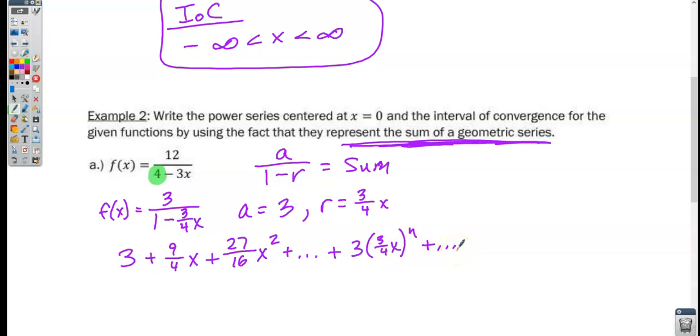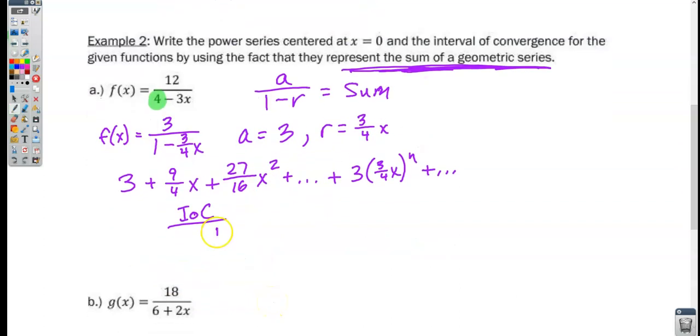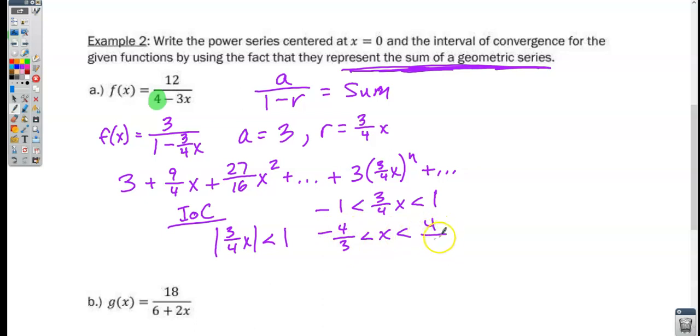Now, as far as interval of convergence, in order to get this to converge, we need r, the absolute value of r, to be less than 1. And so solving this inequality, we multiply all 3 parts by 4/3. There's our interval of convergence.